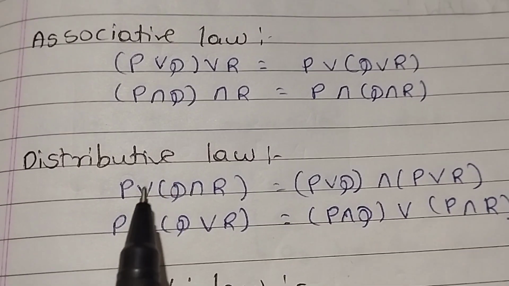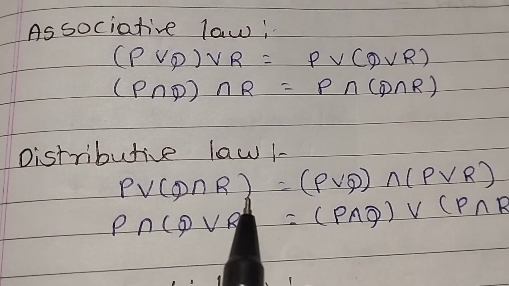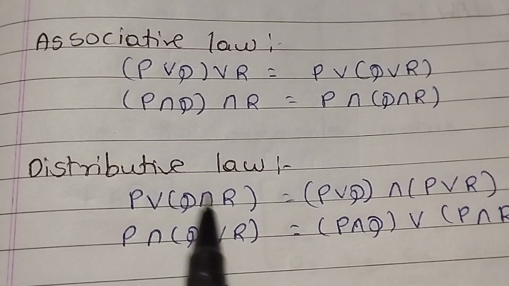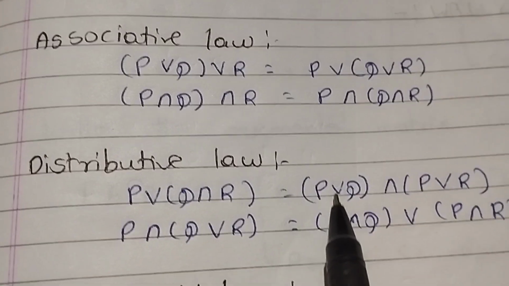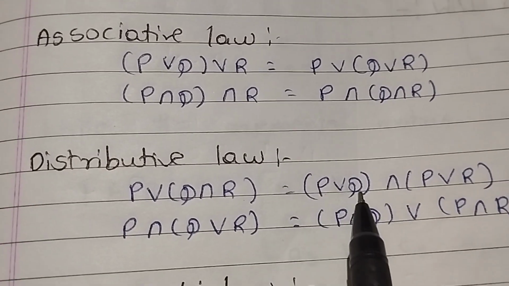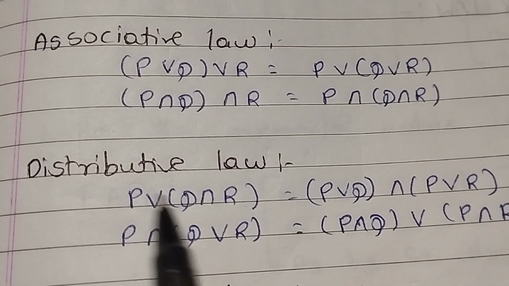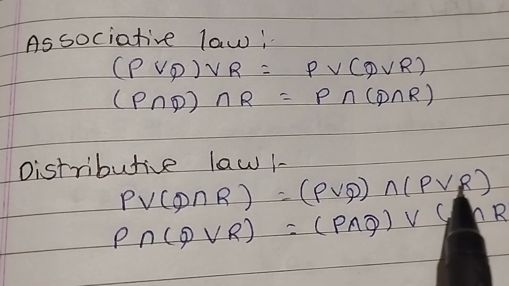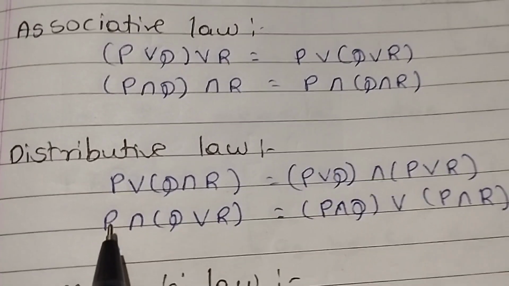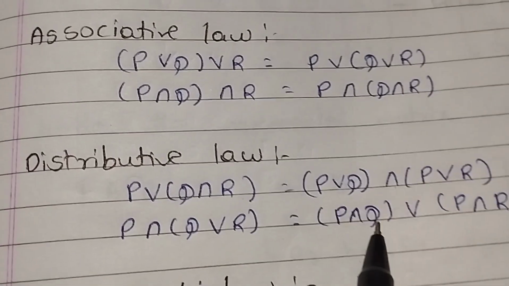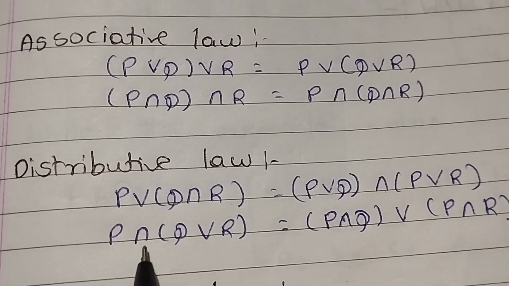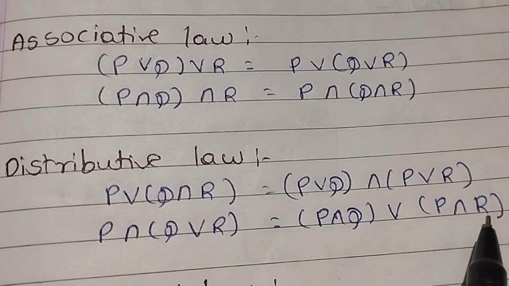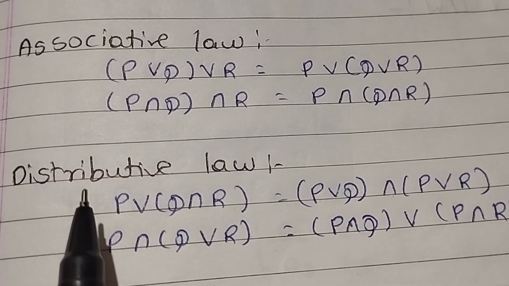Now the distributive law. P or in bracket Q and R is equal to P or Q, and P or R. Here we write P or Q, then the and comes outside the bracket, then P or R. Similarly, P and in bracket Q or R: P and Q, then the or comes outside, and then we write P and R. This is the distributive law.